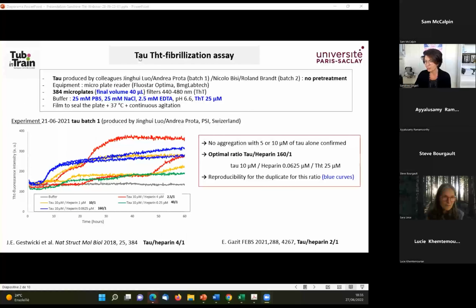So here I show you some experiments with tau, and the first problem we had was to reproduce the ThT curves described in the literature.